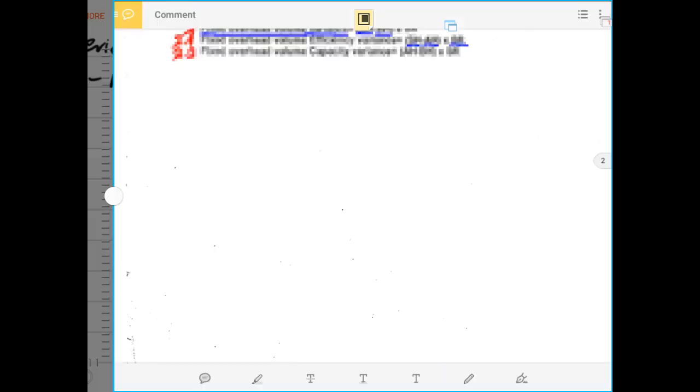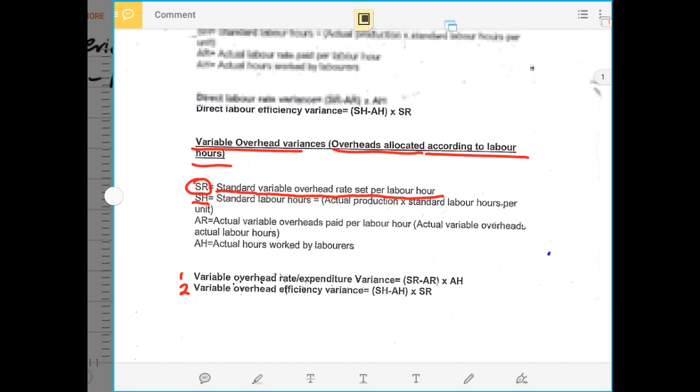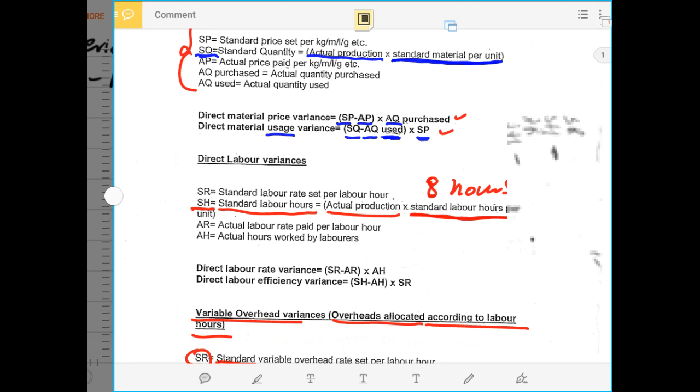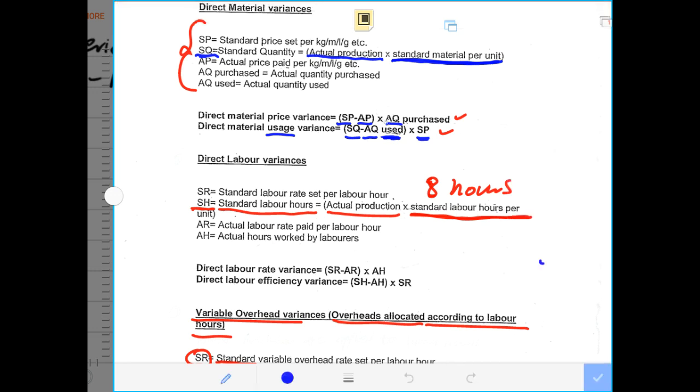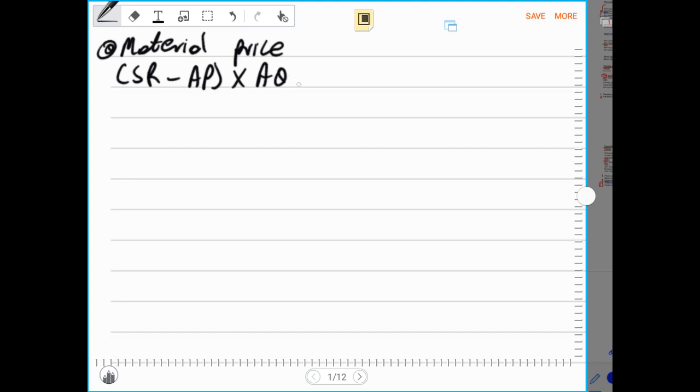Let us just go and confirm whether it is really the actual quantity that was purchased. The formula will tell us if we are correct or not. And surely the formula agrees with us that it is the actual quantity purchased that we multiply with. Therefore we multiply by the actual quantity purchased, and please emphasize that it is the one that is purchased.